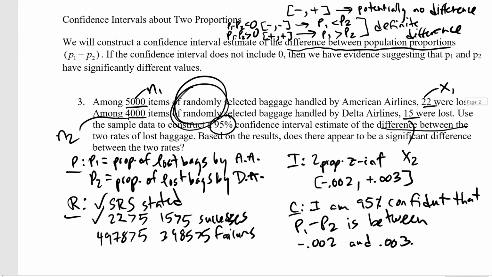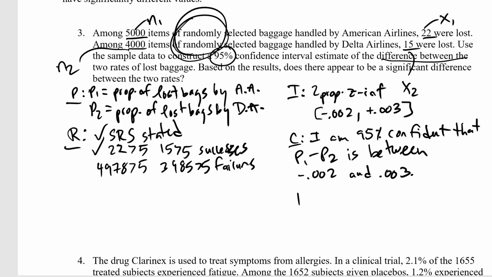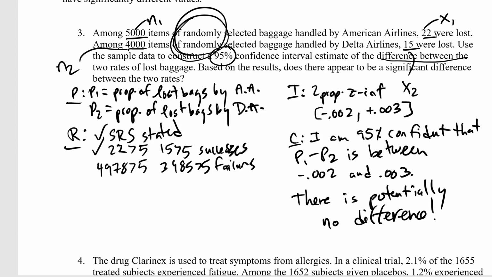What does this actually mean? Since 0 is in there, there is potentially no difference. Okay?